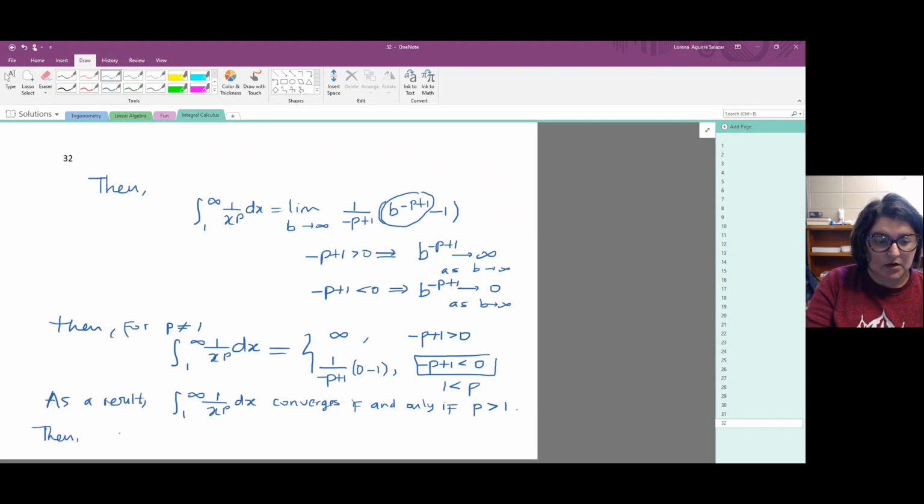Then, by the integral test, the summation of 1 over n to the p gives us something finite if and only if p is strictly greater than 1.